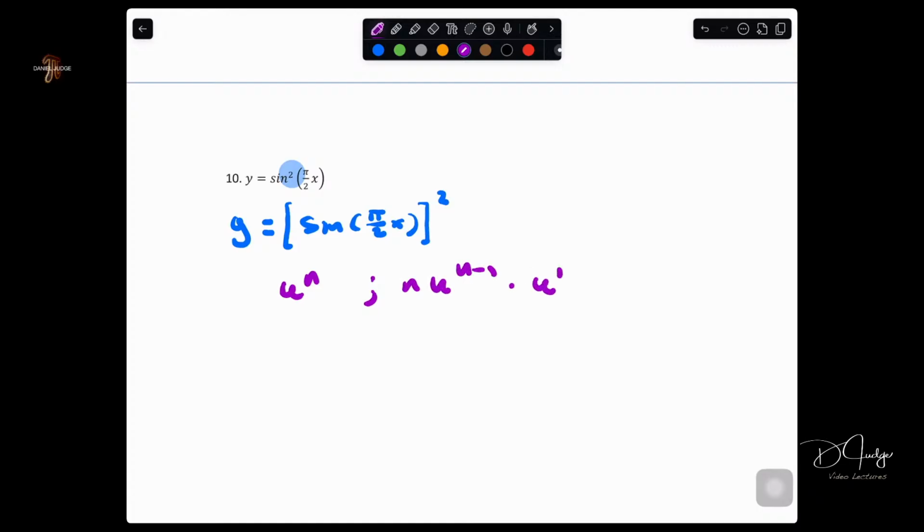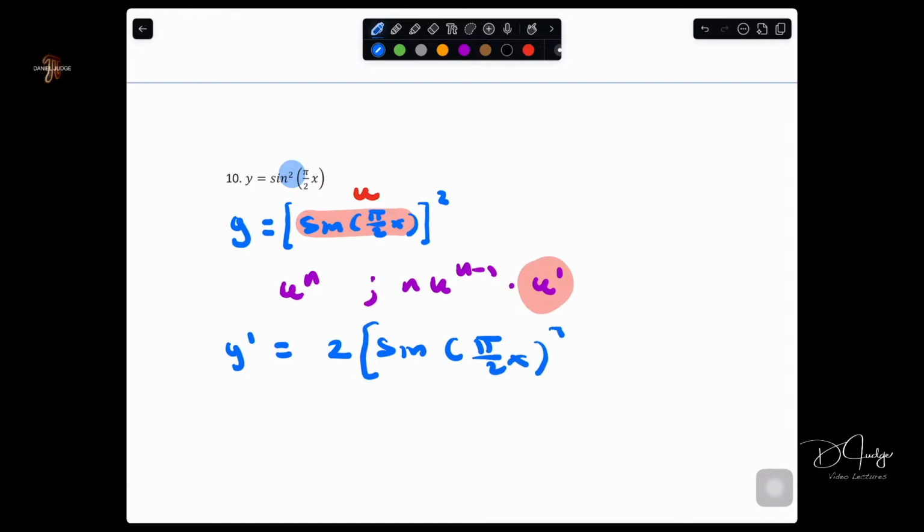And we have the chain here, where u is what you see here. This is the u. So when we differentiate this, this will become 2 sine pi over 2x.